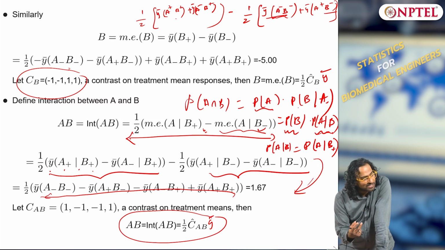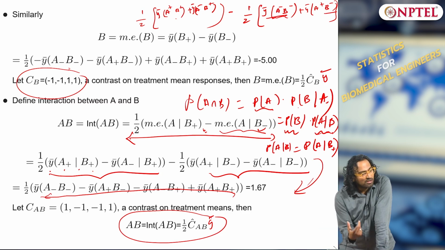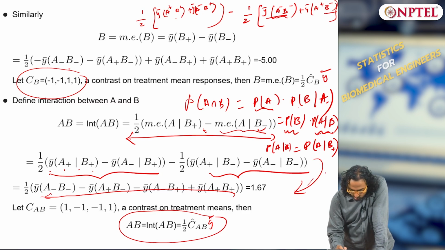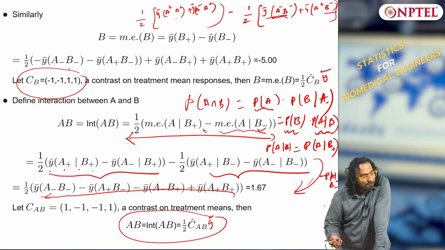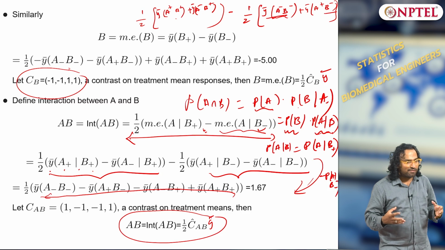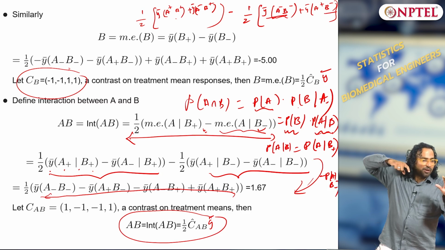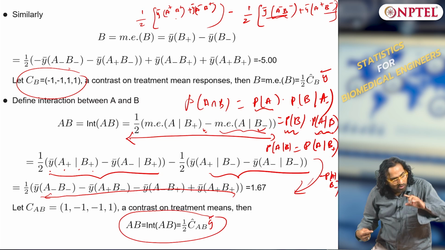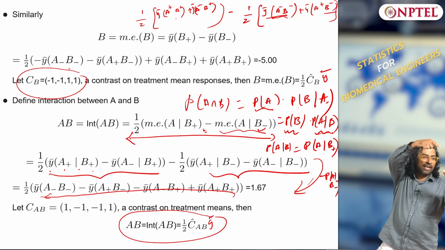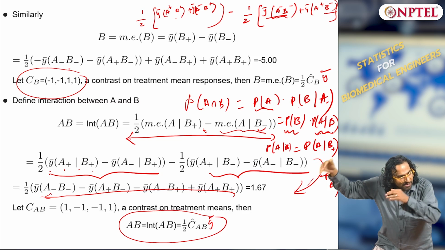The net effect is when B goes from B minus to B plus. So that is why I write it as minus probability of A given B minus. Okay, this is the interaction in terms of A given B. So the interaction is B going from lower to higher value, that is why higher minus lower, that is A given B plus minus A given B minus.